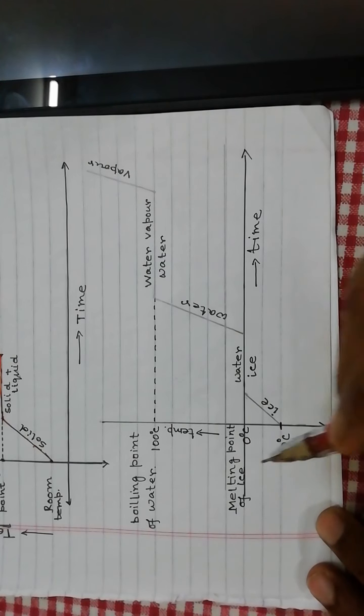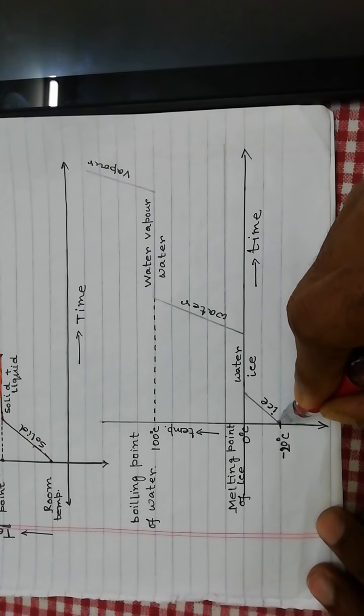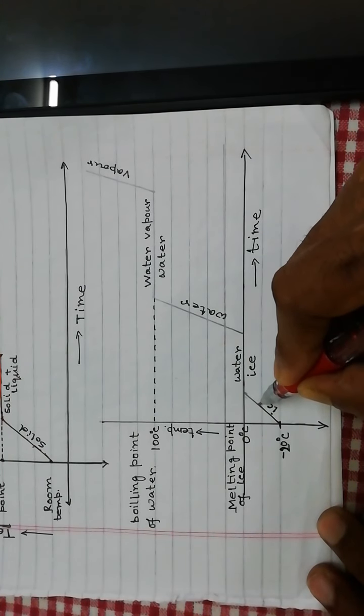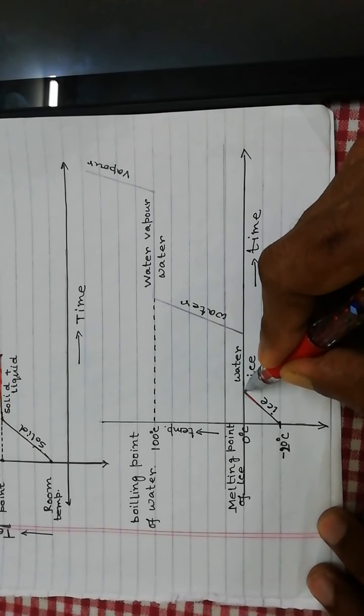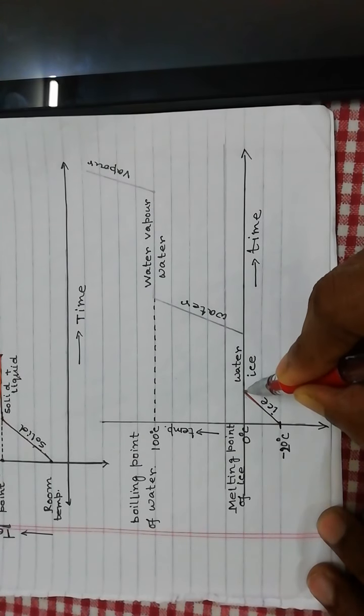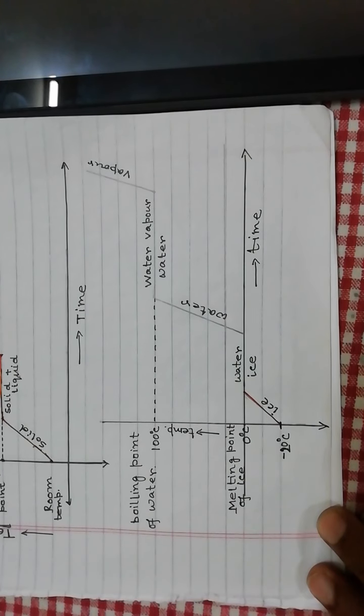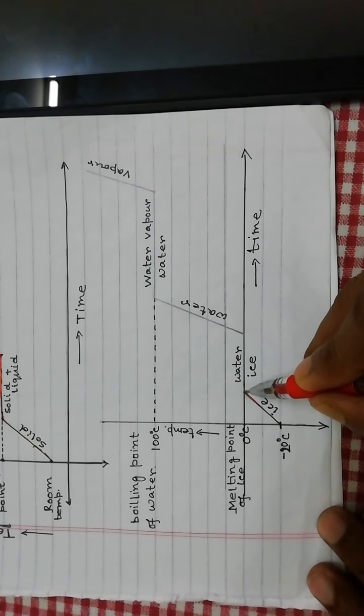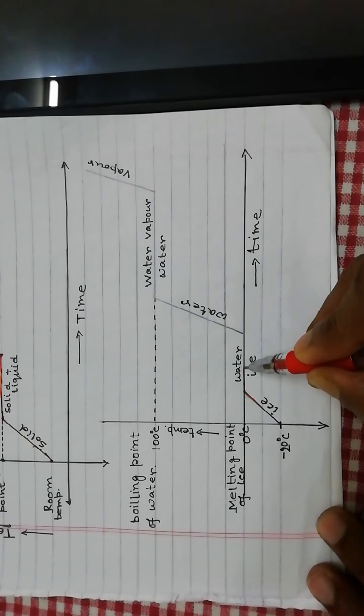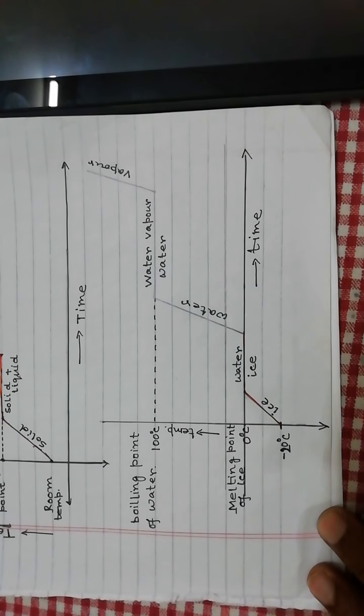First of all, the ice increases its temperature. That means the temperature of ice increases. But when it reaches 0 degrees centigrade, which is the melting point of ice, then ice starts to melt and starts to convert to water.